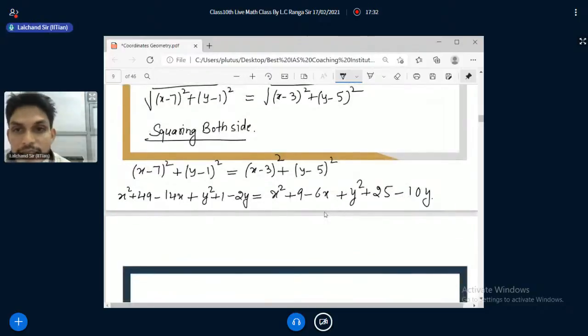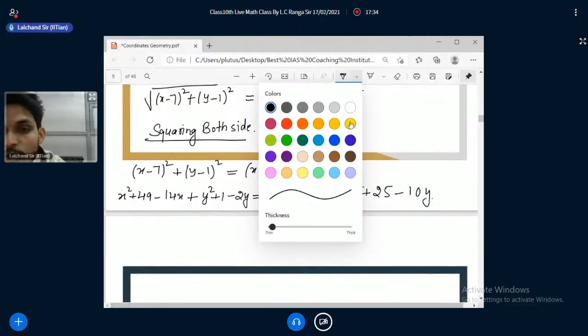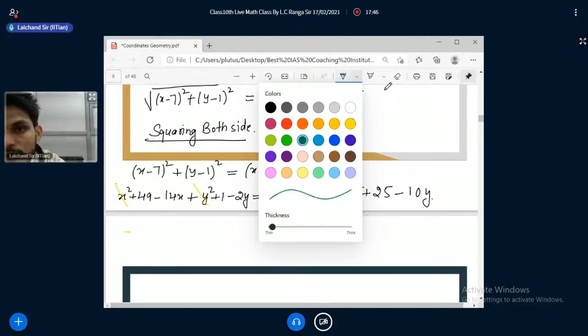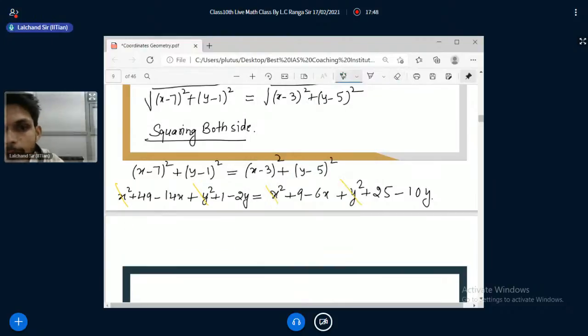Okay. Now cancel out the terms which are common in both sides. So we can cancel x square to x square, y square to y square. Okay. So what is the left out term here? That is minus 14x minus 2y, and this will be plus 50.